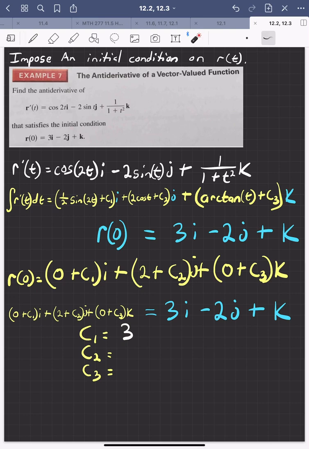Likewise, if you set j component equal to j component, do you agree with me that in order to get -2j, c sub 2 is going to have to be -4, because 2 minus 4 is -2. And finally, doing the same thing, c sub 3, you would just get 1.